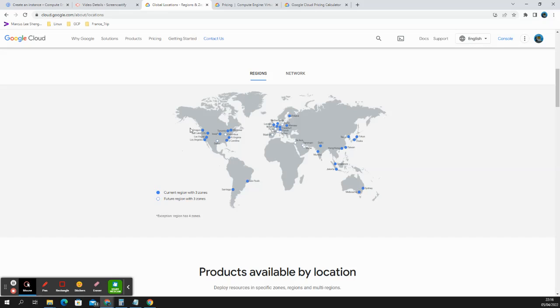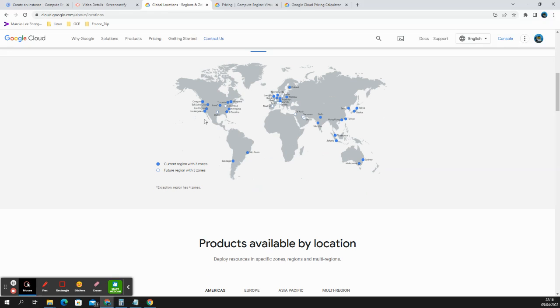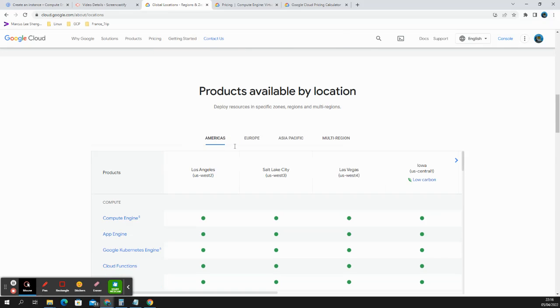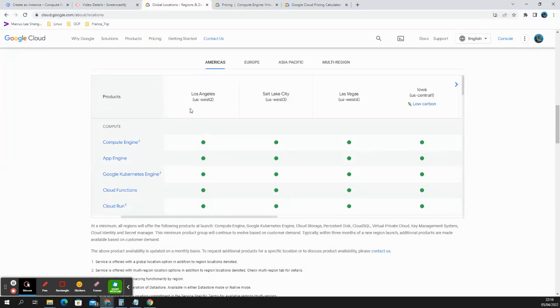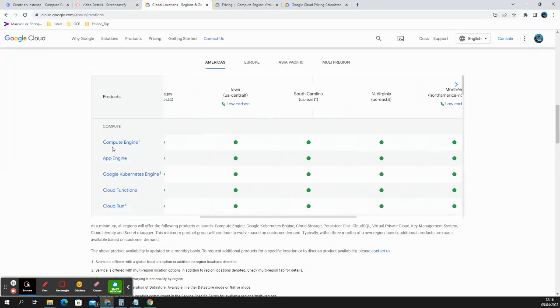And all the ones here in Los Angeles are on the west side. So I'm using Iowa at the moment. Let's change it to Los Angeles just to see the price. We're just interested in Compute Engine at the moment, because Compute Engine is what you use to fire up VMs.